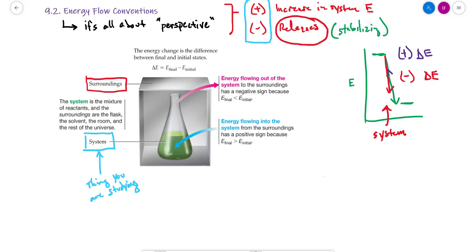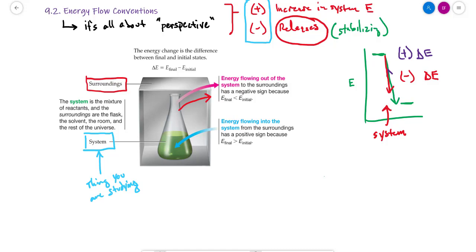Where does that energy go? Well, it has to go to the surroundings, right? All energy is conserved, so energy has to be just transformed to something else. And in this case, it's leaving this Erlenmeyer flask, and the final energy is less than the initial, right?